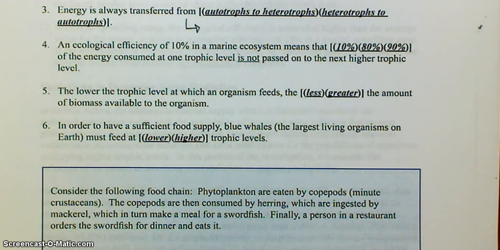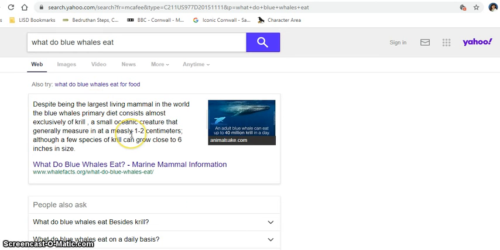All right, and then number 6 says, in order to have a sufficient food supply, blue whales, the largest living organisms on Earth, must feed at what? Lower or higher trophic levels? Well, you're talking about a really big animal. So a really big animal is going to be needing quite a lot of food. And is he going to go search for that at lower or higher trophic levels? Well, first of all, it says here that blue whales primarily eat krill, and krill is fairly low in the energy pyramid, okay, because it feeds on like plankton, okay?